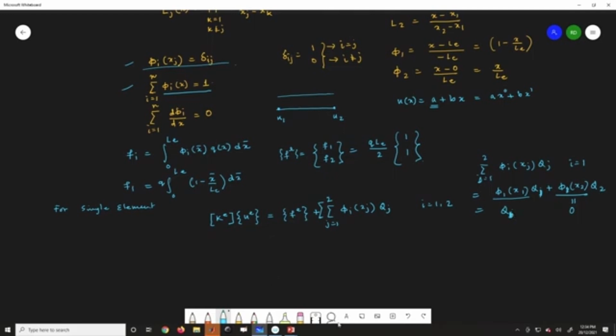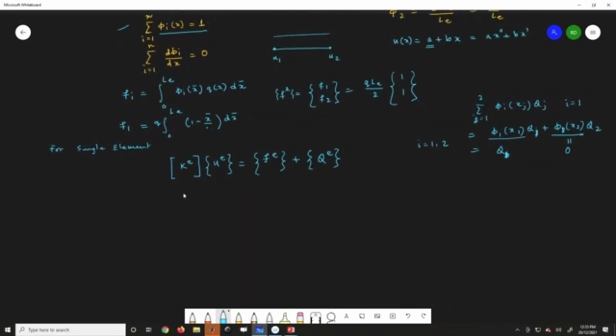Now I rewrite this equation in this form, that is KE into my UE equals my FE plus, now this is my QE vector. What is my QE vector? That will come later. Now my KE, we all know what it is for a truss element or the bar element.